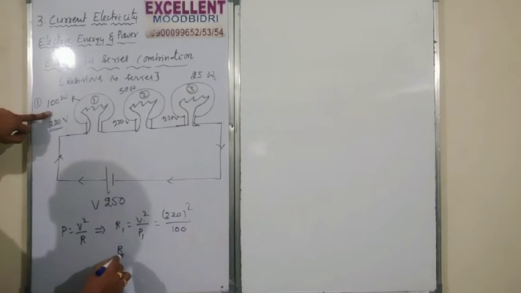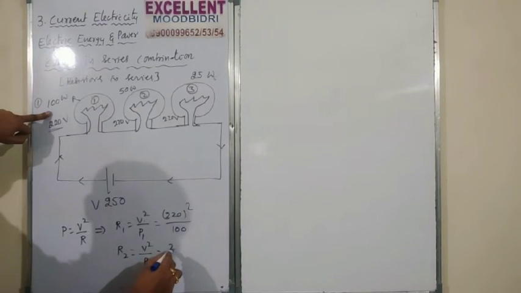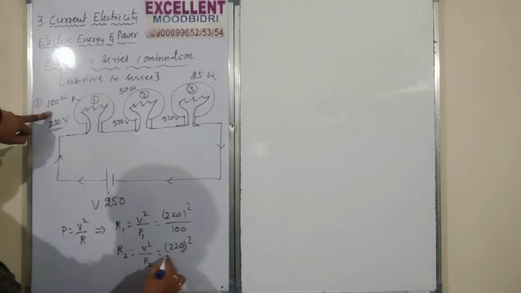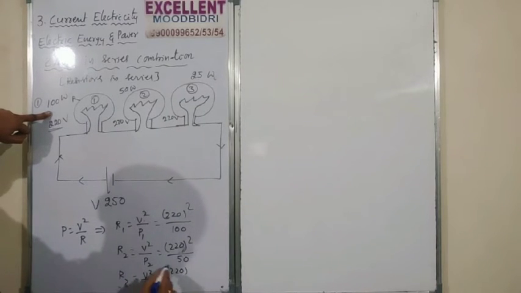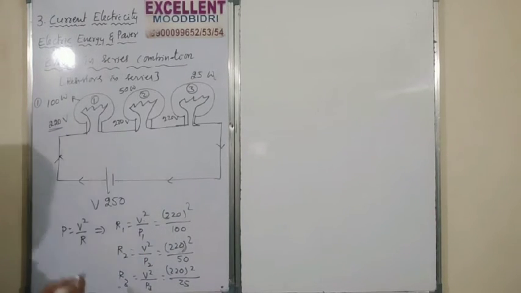Similarly R2 is equal to V square by P2, which is 220 whole square divided by 50. Similarly R3 is V square by P3, 220 square by 25. Obviously this is 100, this is 50, this is 25, so R3 is greater than R2 is greater than R1.